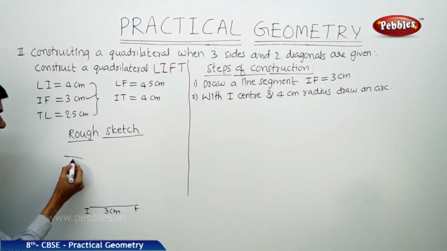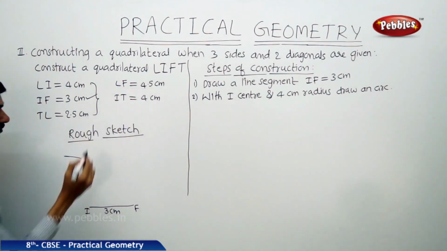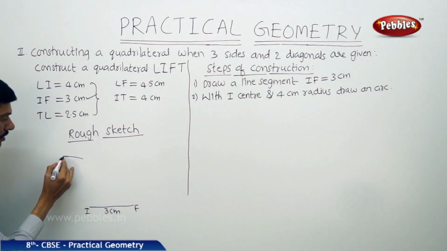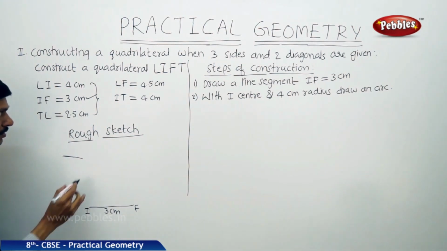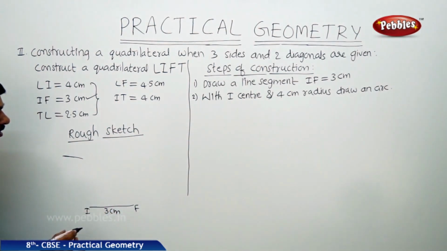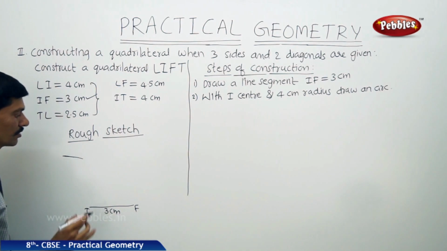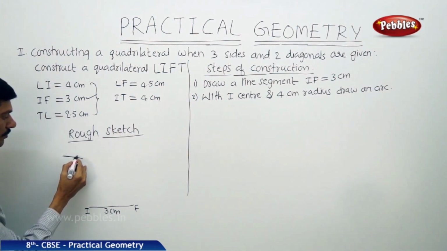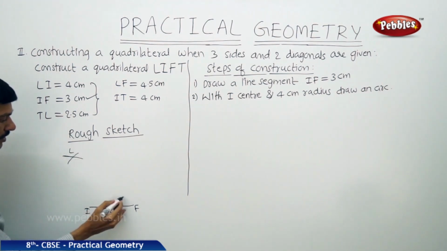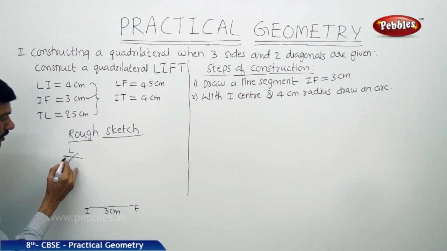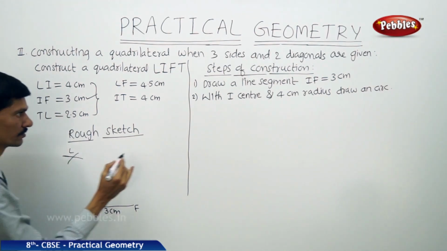Now again LF is given as 4.5 centimeters. So here L will be any point on this arc. From L to F the length is 4.5 centimeters. So take F as center and 4.5 centimeters radius, draw another arc to meet the previous arc at L.